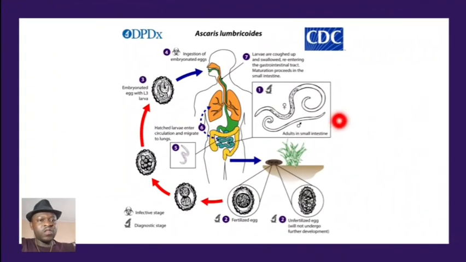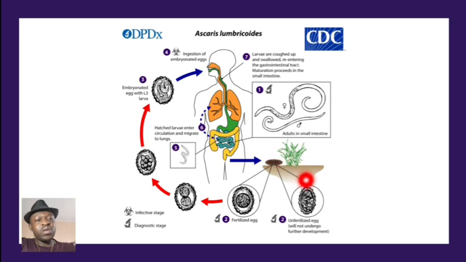So it looks like this. Here in the GIT, in the intestines, you have the adult helminth. There are two pathways. They can be passed out through feces. Firstly, you need to know that there is a male and female. On mating, there will be fertilization of eggs, but not all.